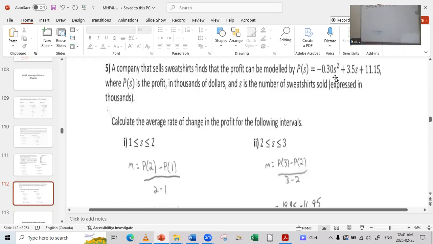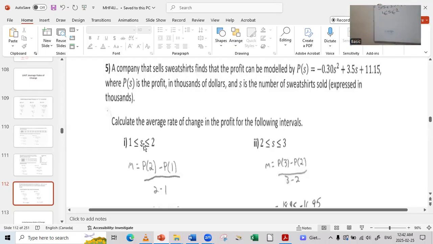And you want to get what? Just see here, where P is the profit in dollars and S is the number of sweatshirts sold. Calculate the rate of change when S is between 1 and 2. The same idea, guys.